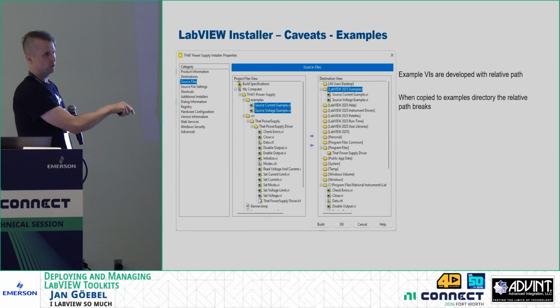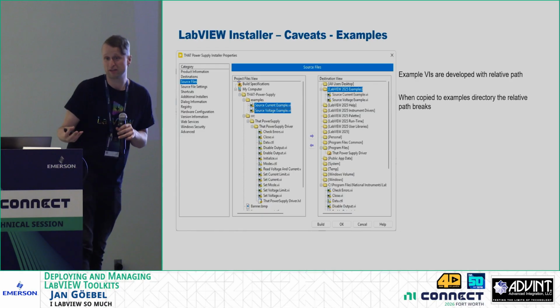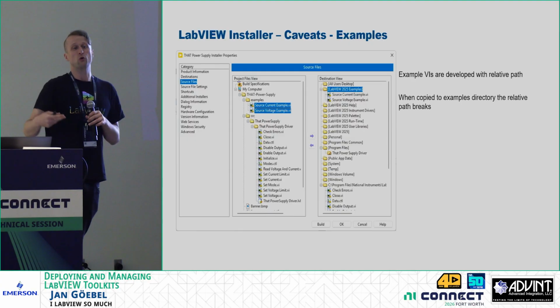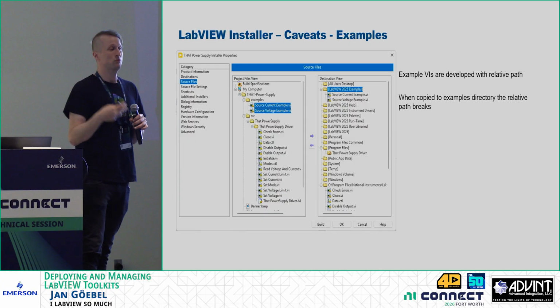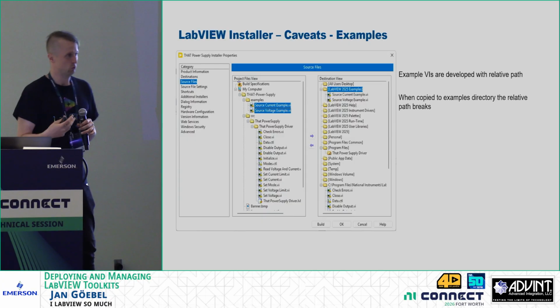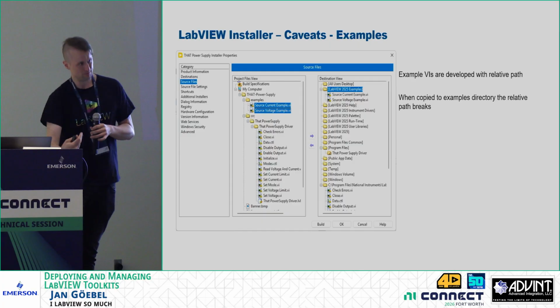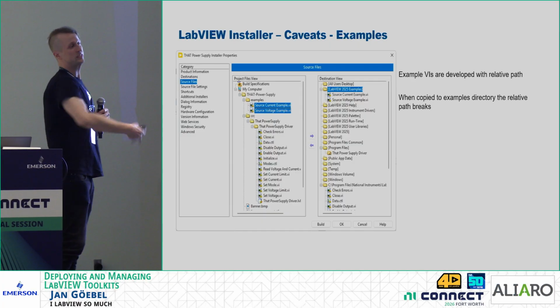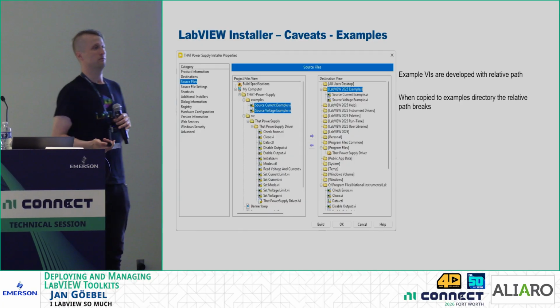VI lib folder that I have created, the relative path between the two will differ. It won't be just one subfolder down, one subfolder up. So the examples will not be executable anymore. And that's, I would say, quite an annoying issue that leads you to actually installing your installer first, then building your examples based on the VI lib location, and then building it again using the examples, which is quite an intense process.